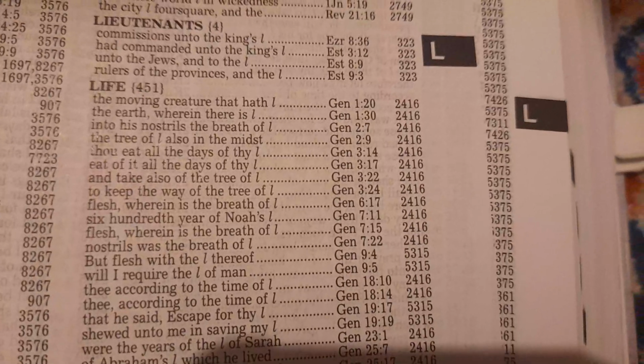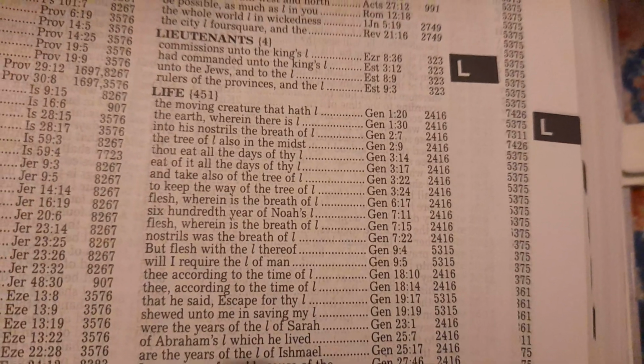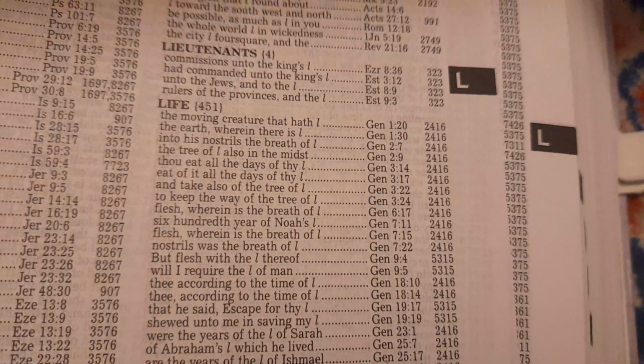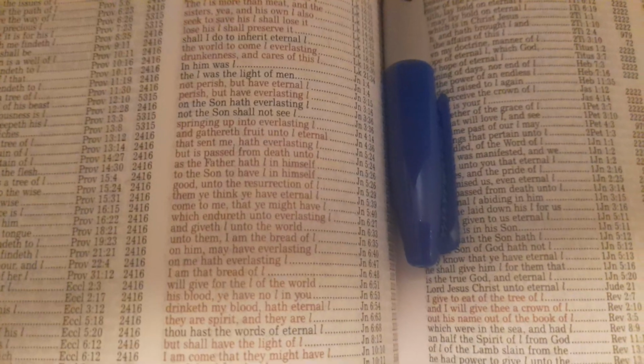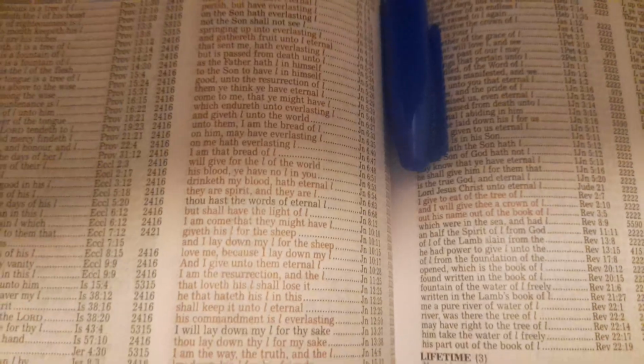Other times you find other words that are rendered life, like this number here, 5315. And I was speaking about the words of Jesus being highlighted in red. You can see here that the words of Jesus are highlighted in red, and other words are just in standard black ink.